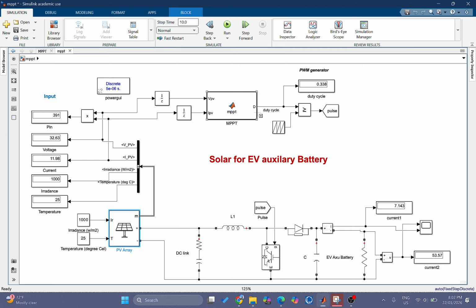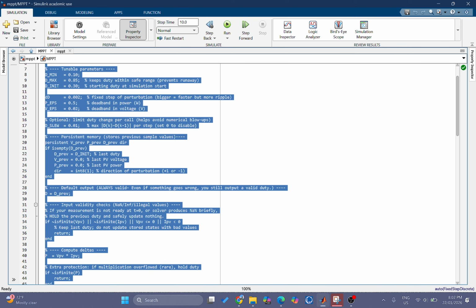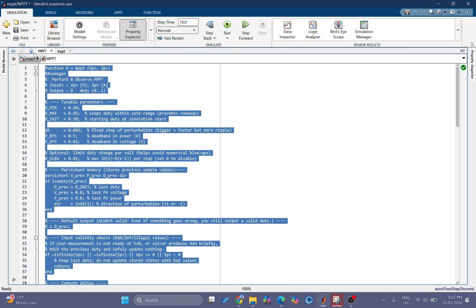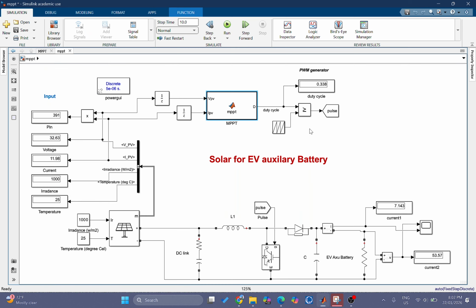And in order to generate the pulse, we have an MPPT algorithm here, and it is compared with the repeating sequence, and the MPPT controller produces the duty cycle, and by comparing it, we produce a pulse. This pulse is used to control the switching of the boost converter.